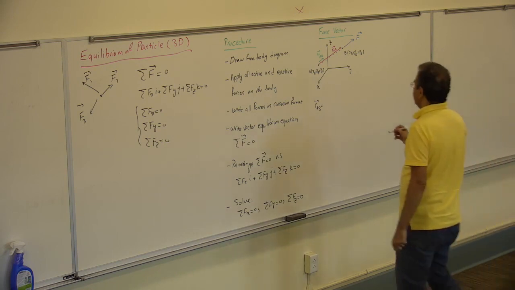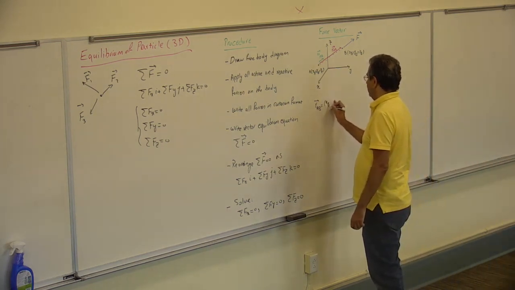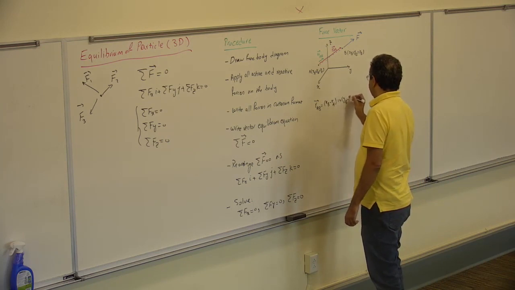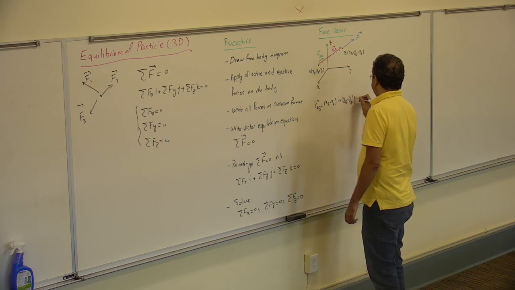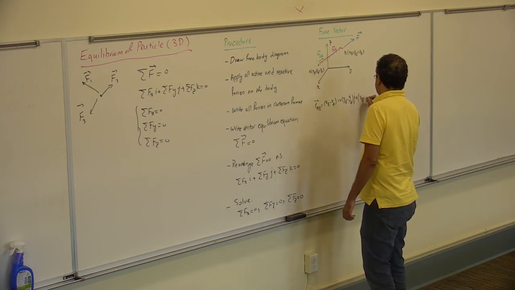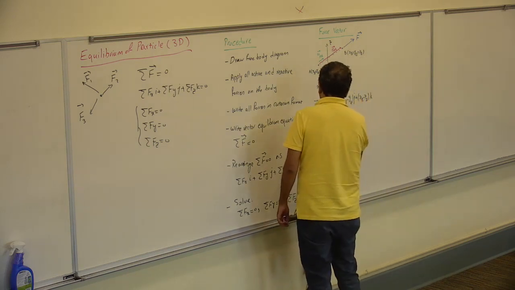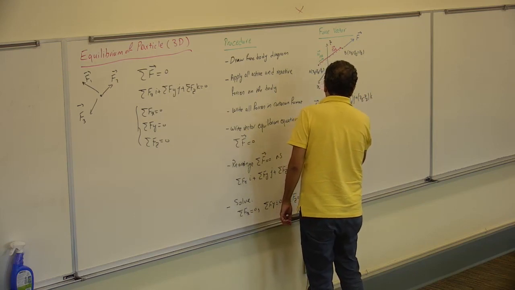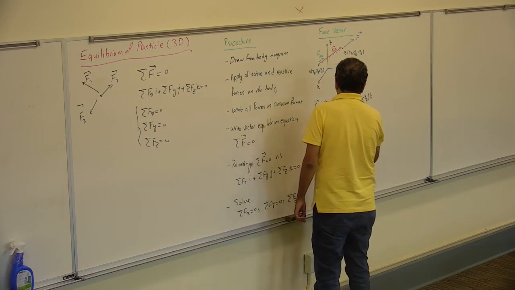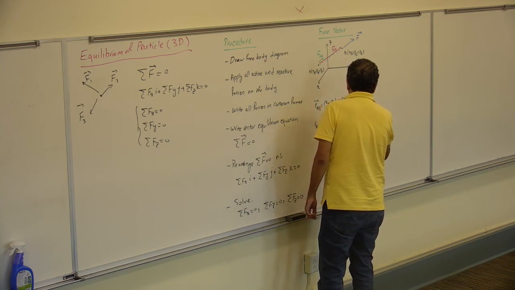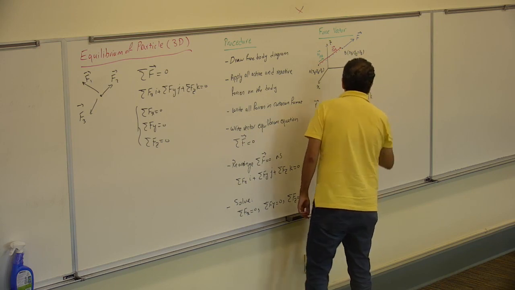So it's going to be (xB minus xA) i, (yB minus yA) j, (zB minus zA) k. And the magnitude of that is the square root of (xB minus xA) squared, plus (yB minus yA) squared, plus (zB minus zA) squared.